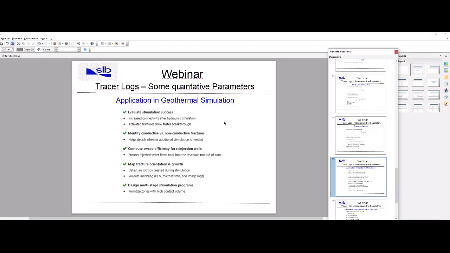Finally, we can design a multiple stage stimulation program. We can prioritize zones which need, for example, stimulation with high contact volume. When you have mapped all the fractures and which fractures are connected, you can extract the contact volume, as we just said.